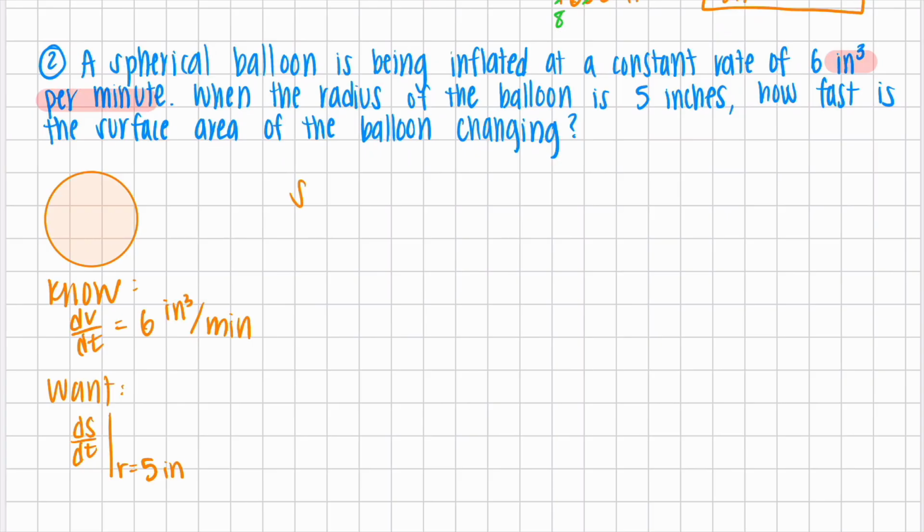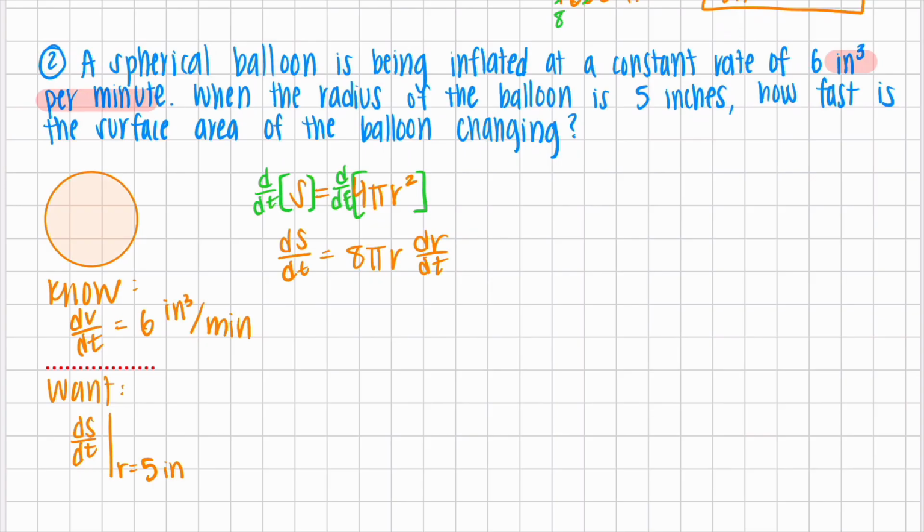I'm going to use the surface area equation for a sphere, 4 pi r squared. From there, I can take the derivative with respect to time on both sides. Same thing, this is going to be implicit differentiation. dS/dt equals 4 times 2, which is 8 pi r, and then I need the derivative of r with respect to time.